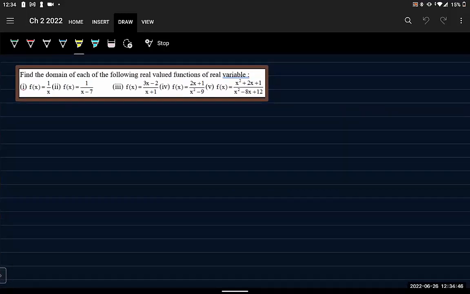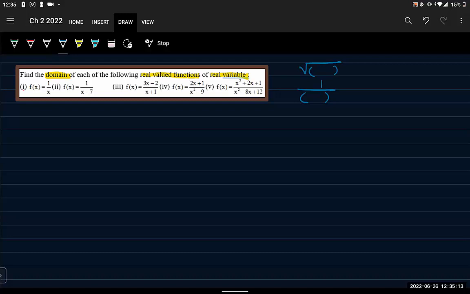Again, a very important question. We have to find the domain of each following real valued functions of the real variable. For the domain, we have already studied. We just need to look for the restrictions which are only applied when we have either root or 1 upon something. So we have a term with respect to x in the denominator, or a term related to x in the root.